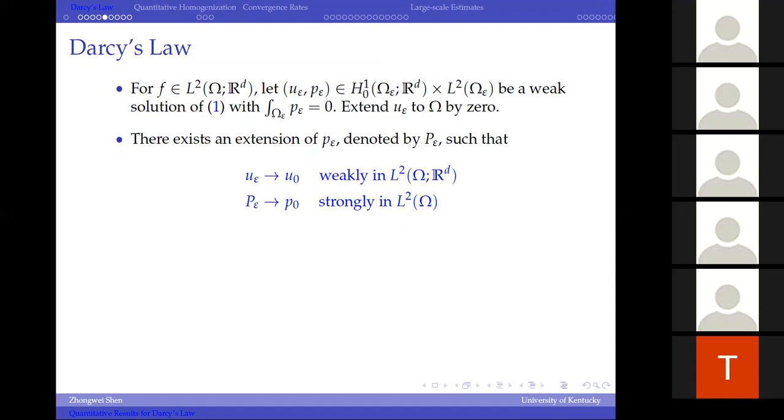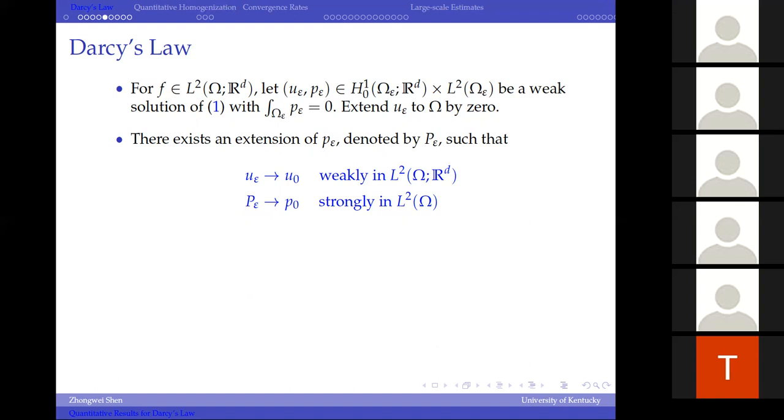The extension of the pressure term is a little bit tricky, but it can be done. It's not by 0. There is an explicit formula, and the extension is denoted by capital P epsilon, which is defined everywhere in omega. Because we're going to talk about convergence, we need to have the sequence of functions defined on the same domain.